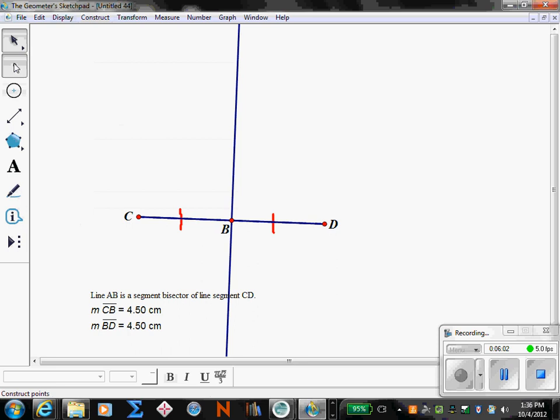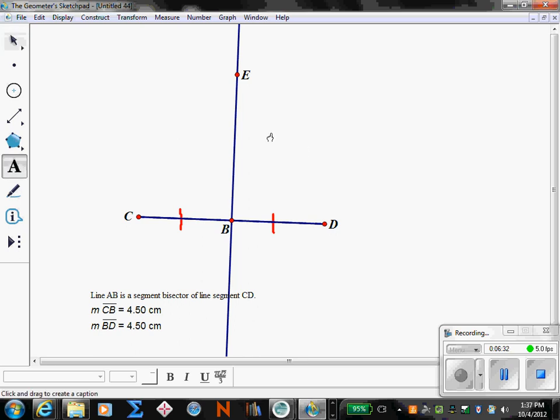Now I'm going to put a point A back on there. It will probably call it something else. Yes, E. That's okay. So in this case, line EB is perpendicular to line segment CD. It is also a segment bisector, so we call it a perpendicular bisector.